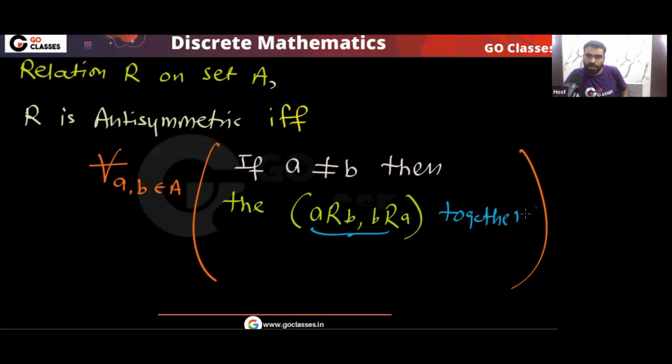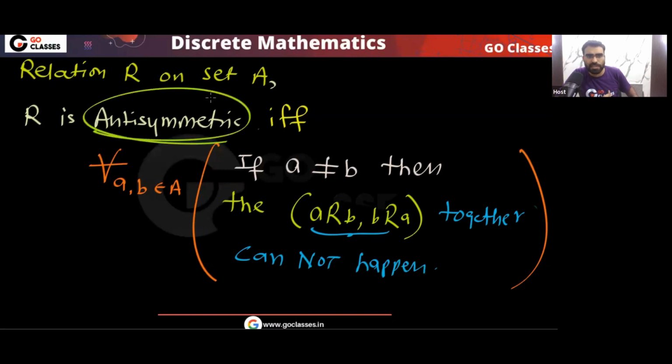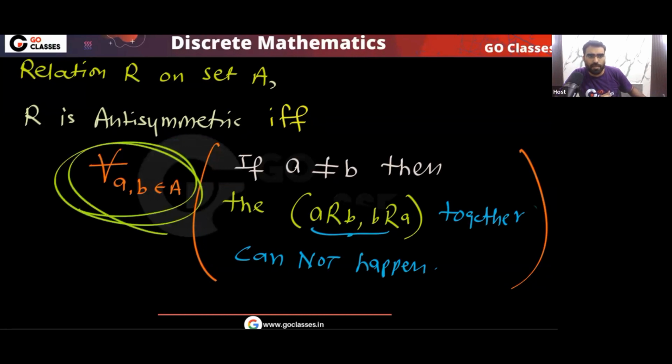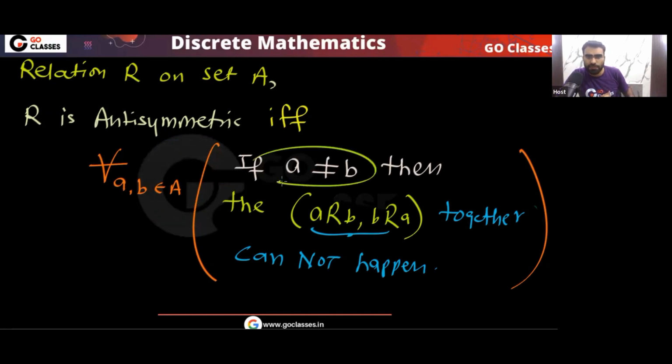Is this clear? So this is how you can define the antisymmetric relation. If you have a relation on set A, then for all a comma b, if you have two different elements, I am talking about different elements, then these two things together cannot happen: A related to B, B related to A.